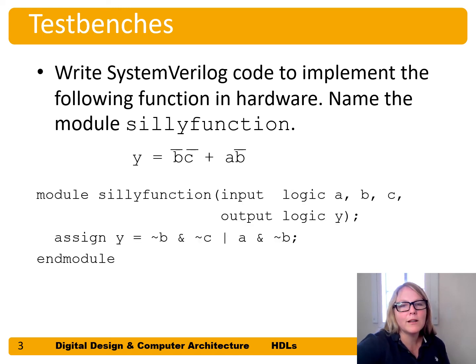Okay, so we write this module. We have the keyword module, the name of the module, the inputs a, b, and c, the output y, and now we specify the function, assign y equals b bar c bar, or a and b bar. So this is our device under test, or the module that we're going to test in our test bench.